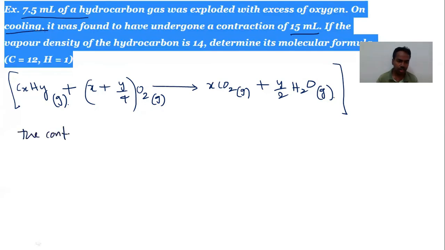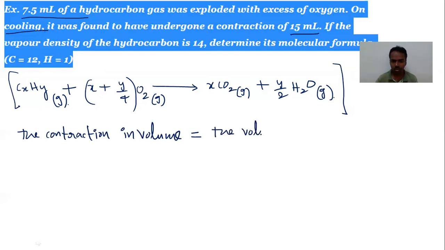The contraction in volume of the reaction mixture is equal to the volume of H2O. Why does the contraction take place? Because the H2O gas becomes liquid. The contraction in volume is nothing but the volume of H2O produced.